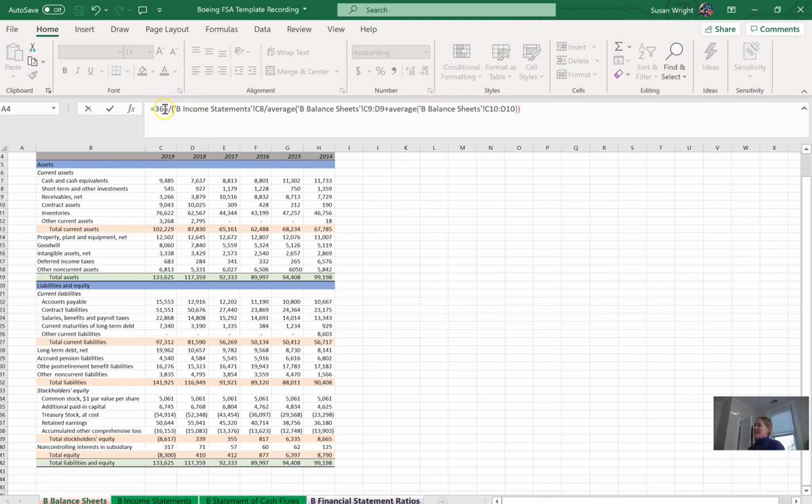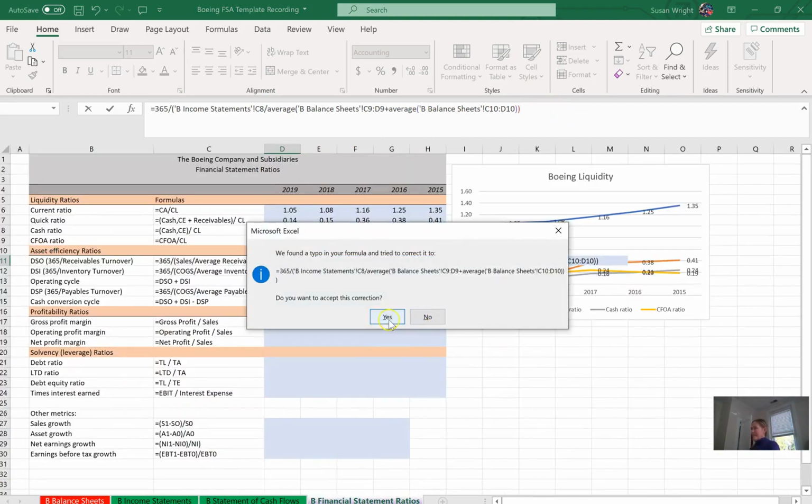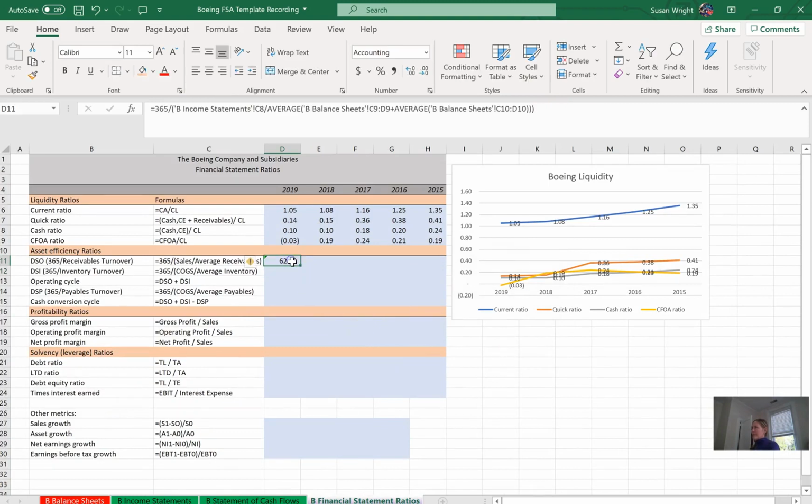Alright, so what we got here is 365 divided by sales divided by the average of the receivables and the average of the contract. Alright, let's give it a shot. Okay, that's fine. I needed a third one out there. I thought there was another one, but anyway.